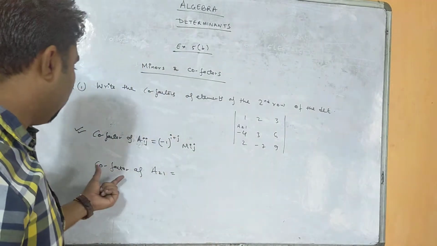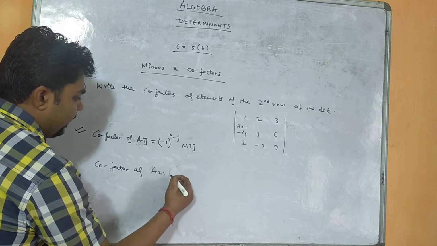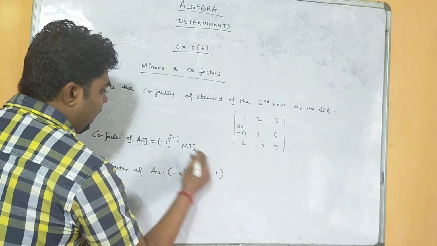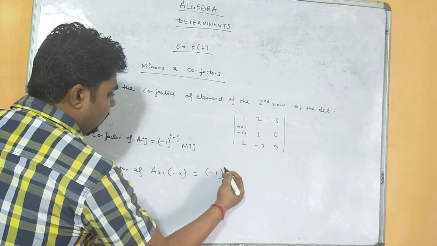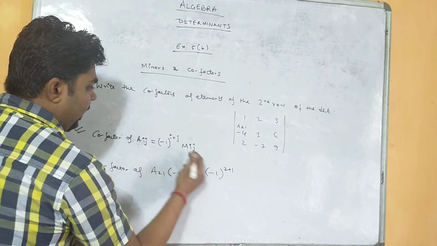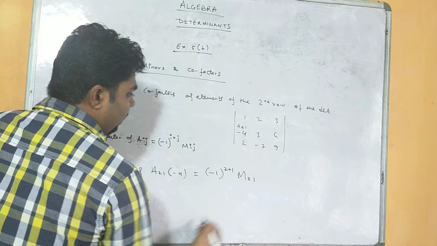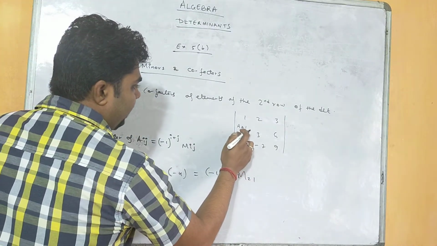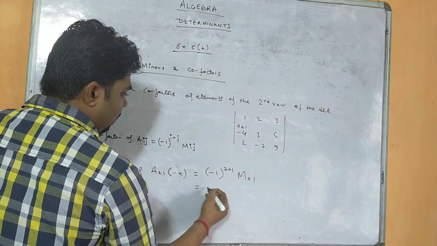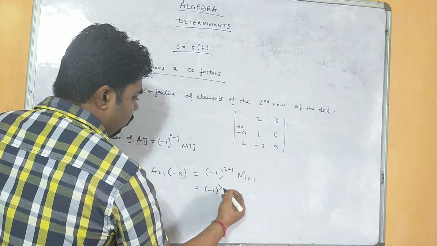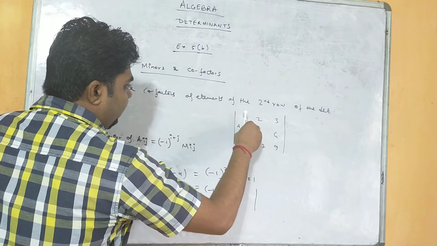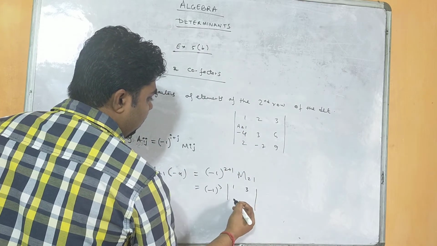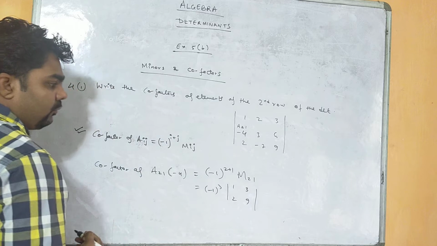So cofactor of A21, or in the bracket -4, equals (-1) to the power 2 plus 1, times M21. What is M21? The minor of this element. When I say minor, you hide this row and column. So minus 1 cubed, and you hide this row and this column. You will get 1, 3, 2, 9.